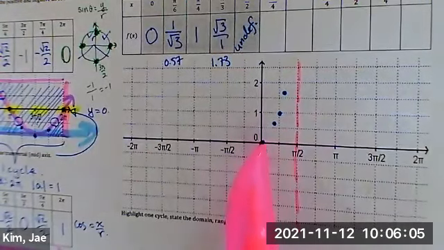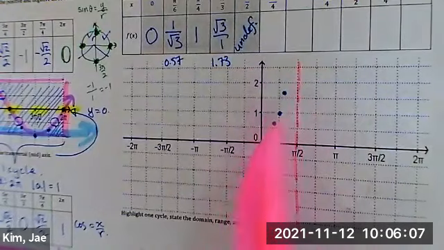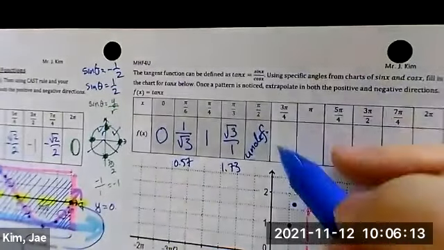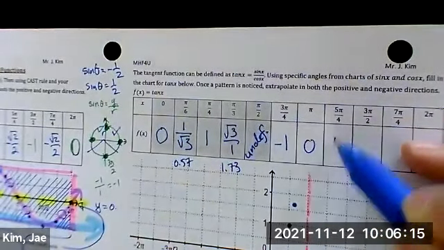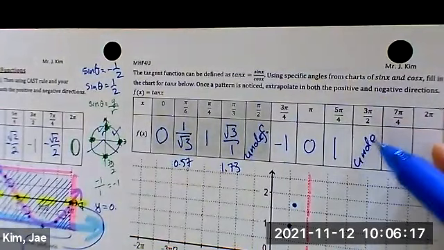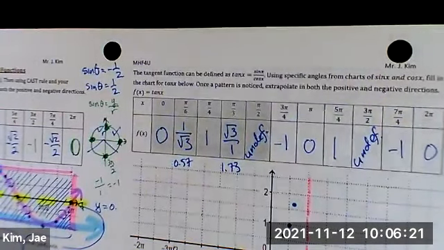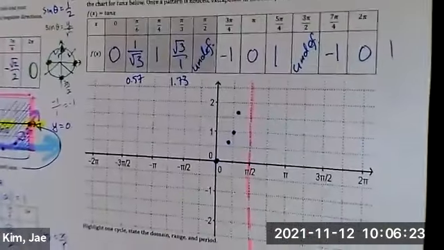So, interesting. Using this pattern, I am going to calculate the remaining values. -1, 0, 1, undefined, -1, 0, 1, undefined, so on and so forth.